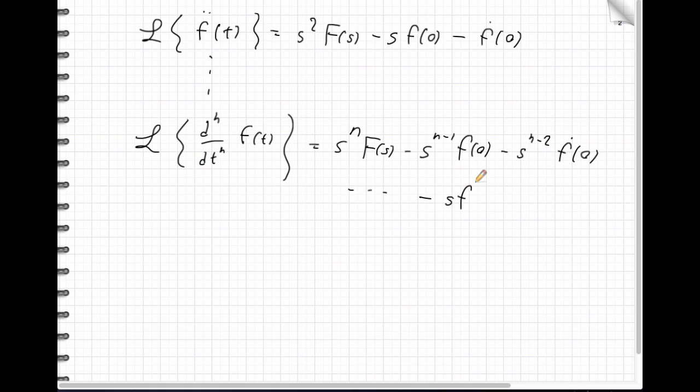Then minus s times the derivative of order n minus 2 of f, evaluated at its initial condition. The derivative order keeps increasing: no derivative, one derivative, two, dot dot dot, all the way to the n minus 1 derivative.